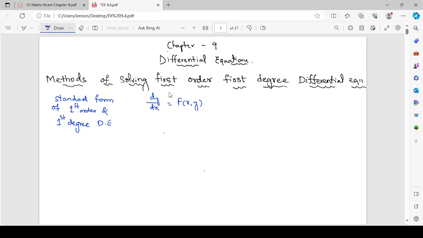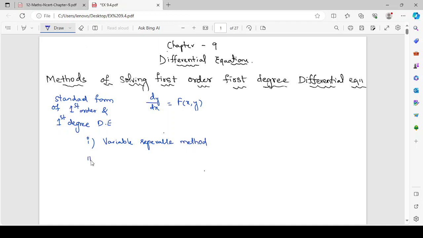Whereas now we have a differential equation, and for this one, the solution curve we need to calculate. To calculate that, we have different methods, so let us discuss them one by one. The first method is the variable separable method. To solve a first order first degree differential equation, we use 3 different methods.